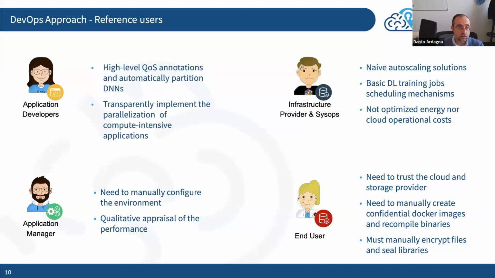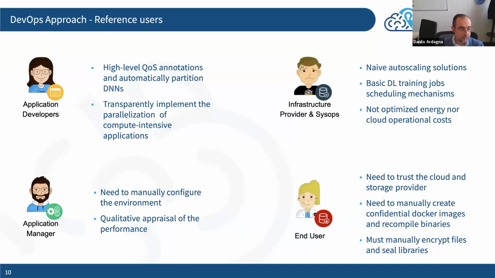With our solution, we have simplified the development process a lot, and we provide high-level quality of service annotations at the Python level. And then the performance monitoring and the partitioning of a deep neural network is completely automated. And we can also leverage some annotations that support the parallelization of computing-intensive applications or of the computing-intensive parts of the application.